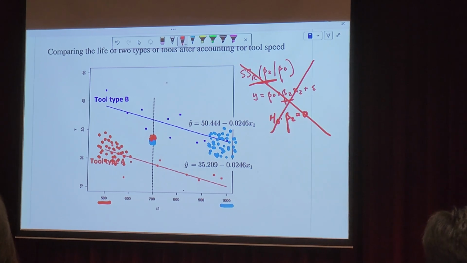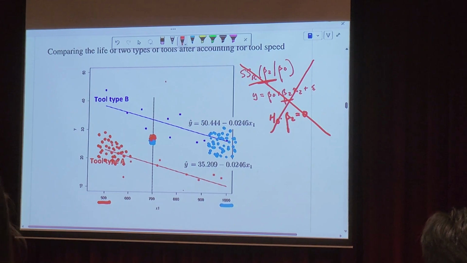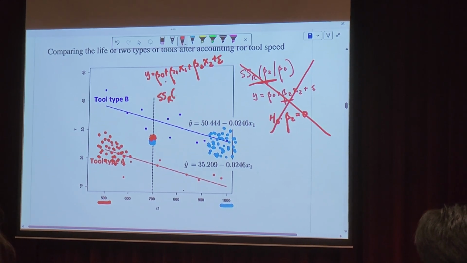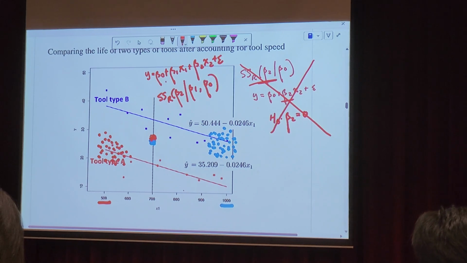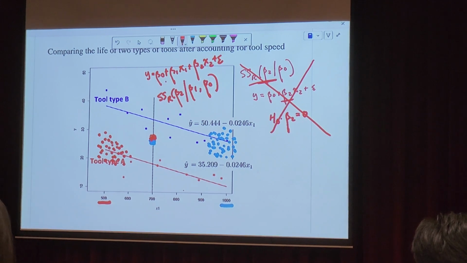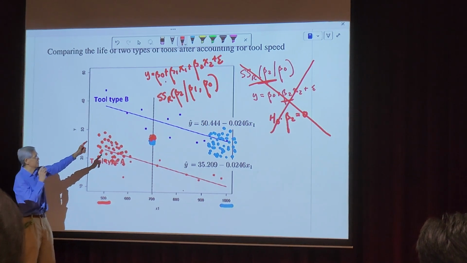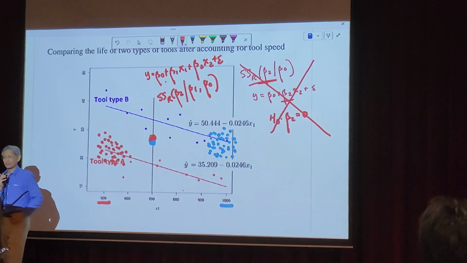So what we want to do is to fit this model and test this. We want to test using sum of square regression due to beta 2 after we have taken speed into consideration.